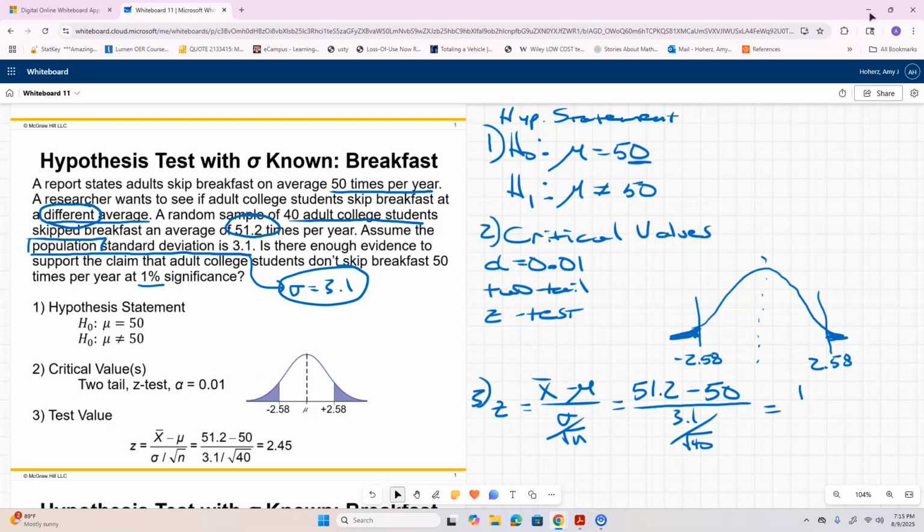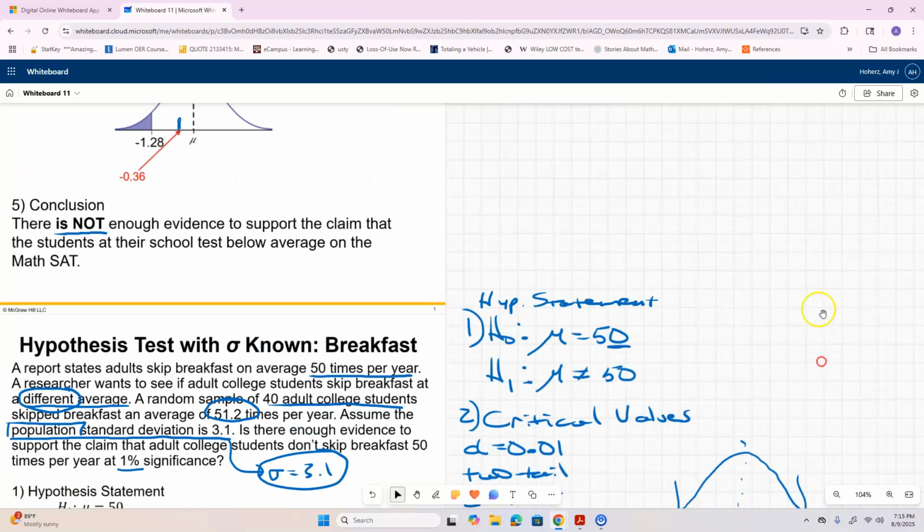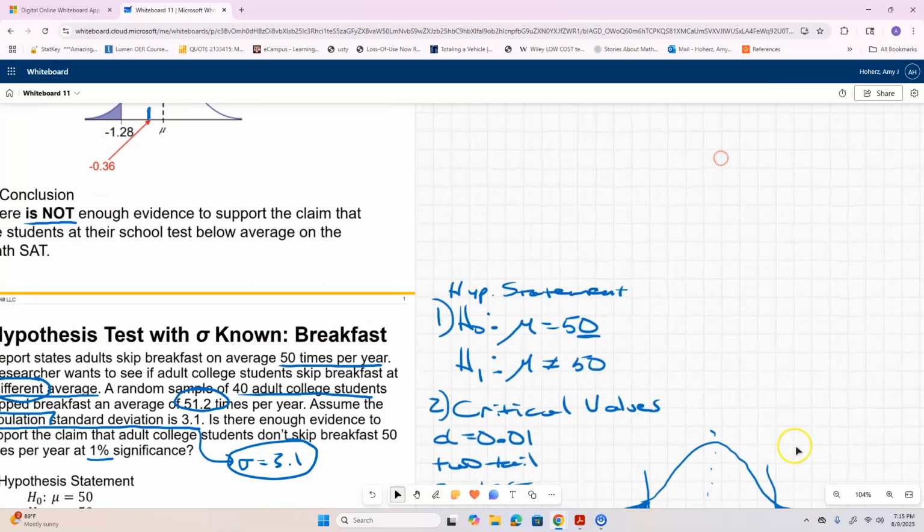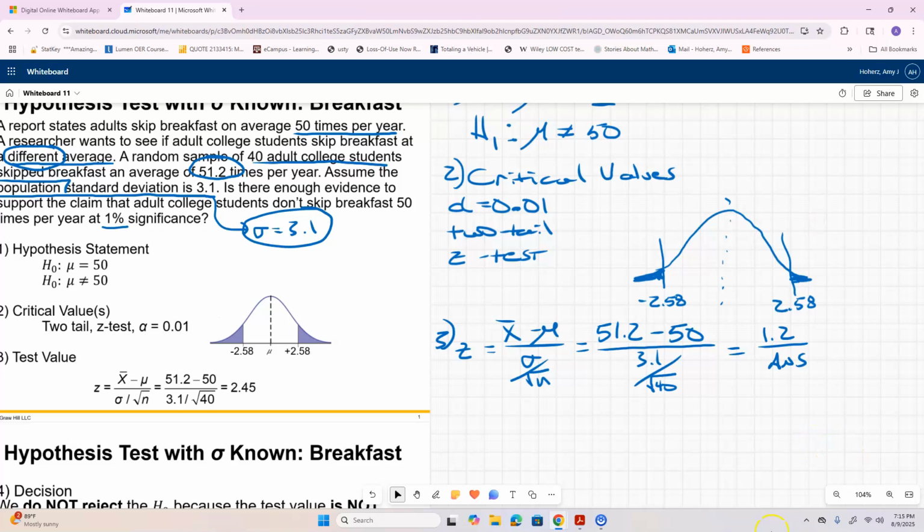That gives us 1.2 for our top number. And then I'm going to divide that by whatever answer I get off the calculator for that bottom part.